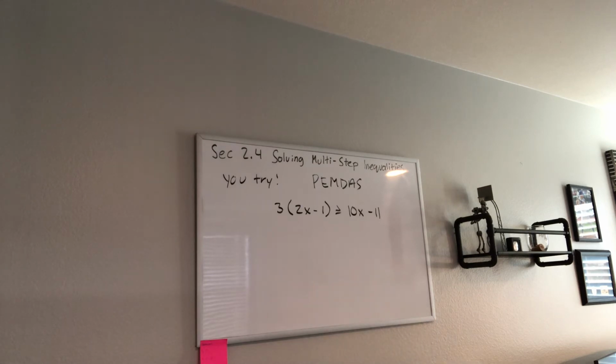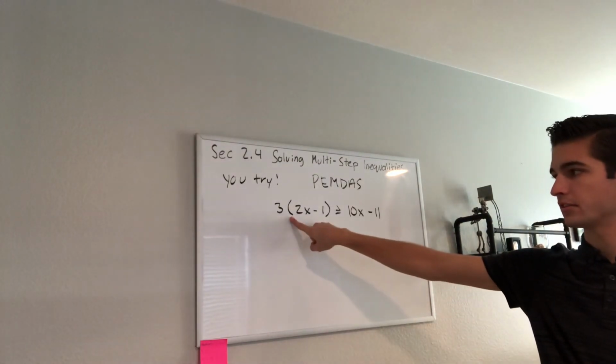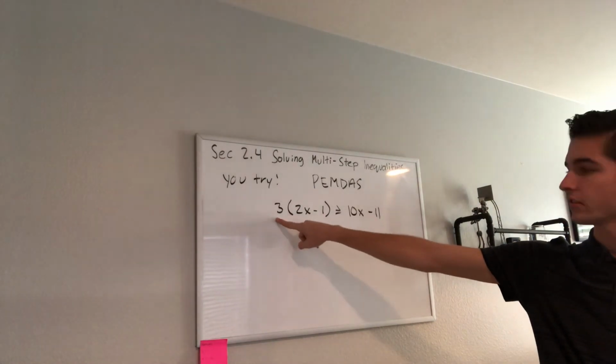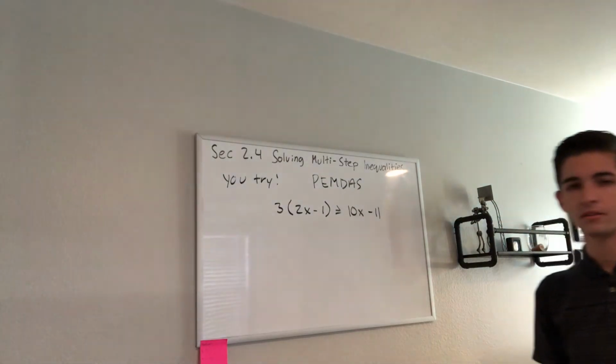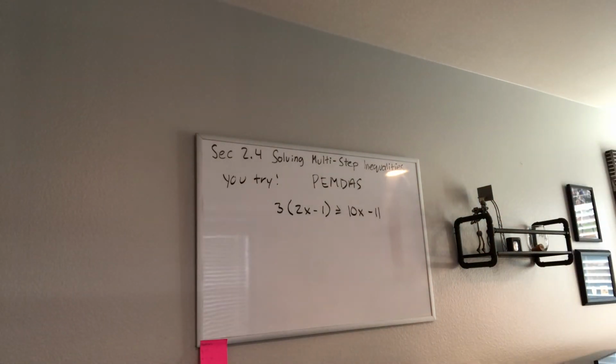So the first step, hopefully, is you saw the parentheses and a constant outside of the parentheses, and you said, hey, we'll have to distribute this 3 to the 2x minus 1. That would be a really good first step.